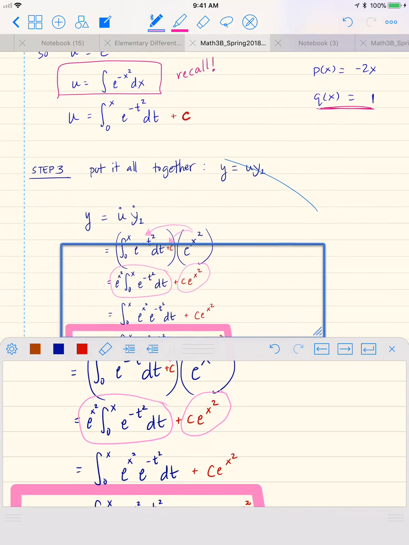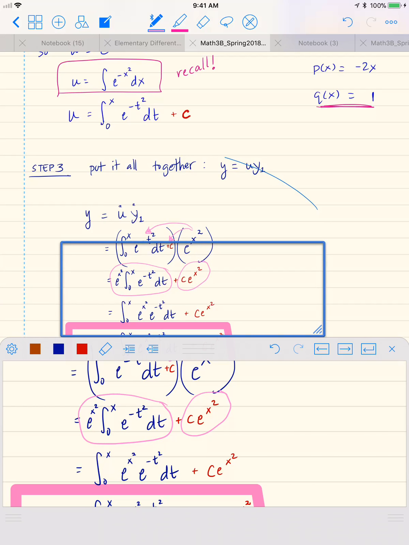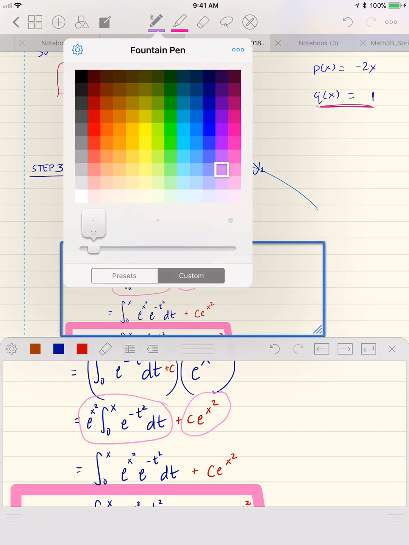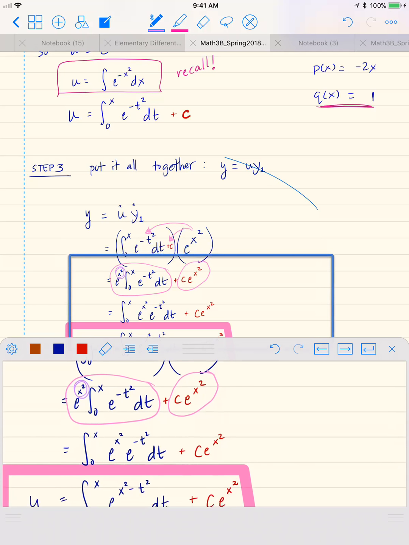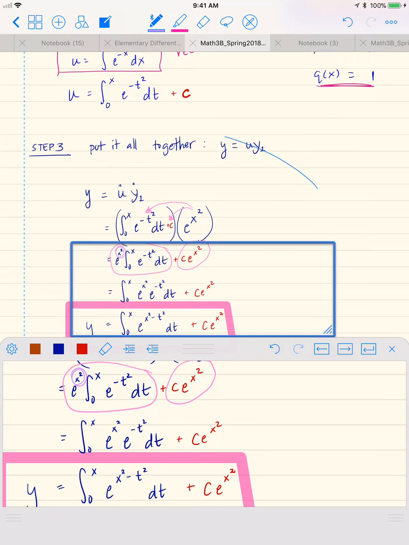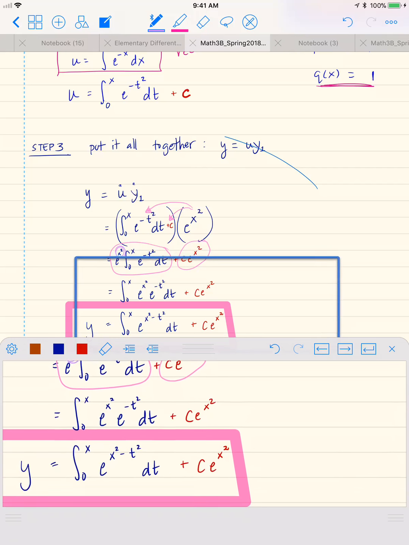And now for the first term, I can combine. If I've got this e to the x squared, it has nothing to do with t, so I can bring it on the inside. So I've got the integral of e to the x squared times e to the negative t squared. And I can use my powers of exponents to say e to the x squared minus t squared on the inside here.